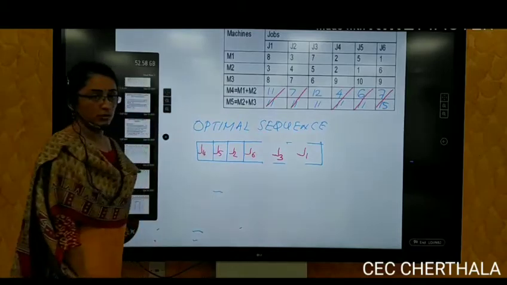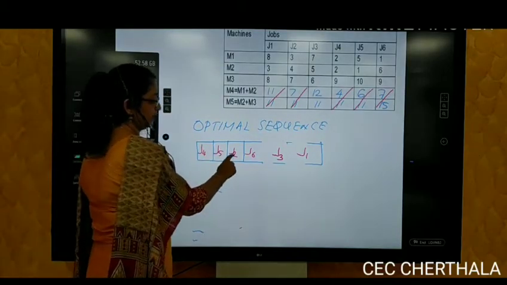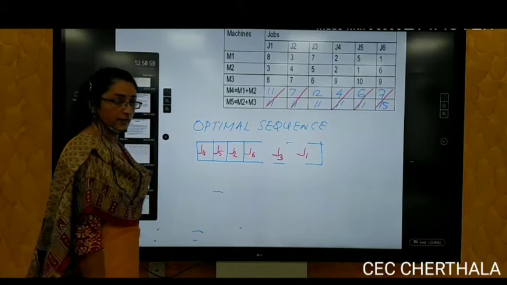So the optimal sequence is J4, J5, J2, J6, J3, J1.